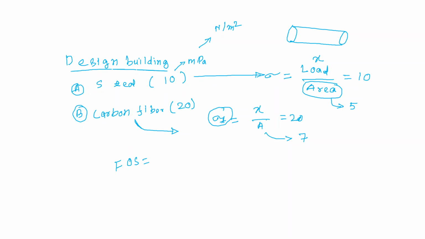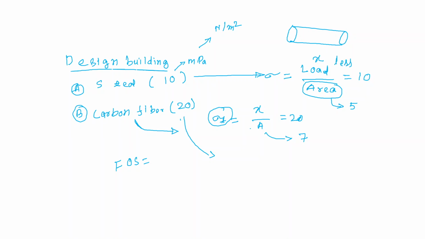Or in another terms, if we use the area fixed, your load will vary. For that case, for carbon fiber, your area or dimension will be fixed. This will carry less load.